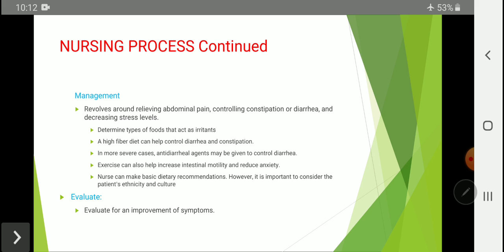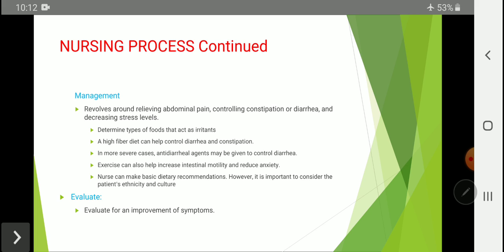So when we make recommendations: high fiber, lower fat, avoid irritating foods, avoid caffeine and smoking. We can always refer the patient to a dietitian if they want, and if we feel it's necessary, because they are experts in nutrition and can probably provide more specific and better advice than we can. So you can always consider that.